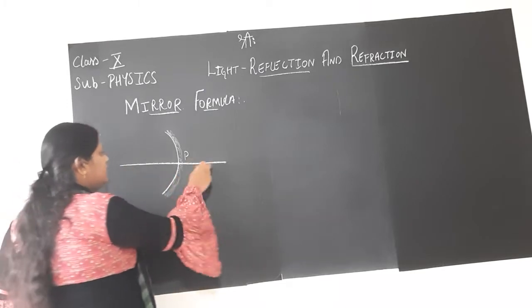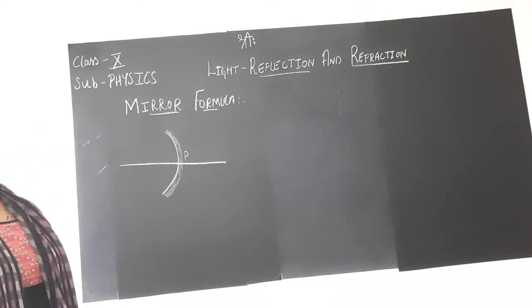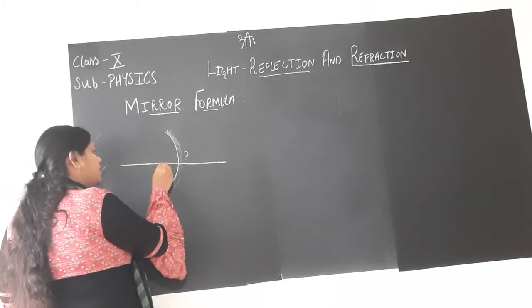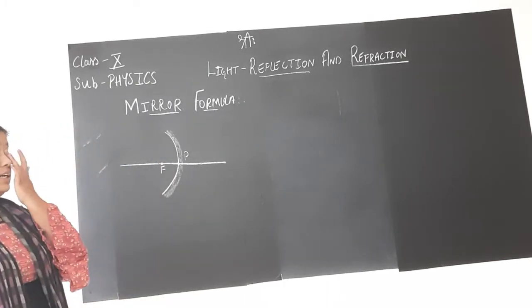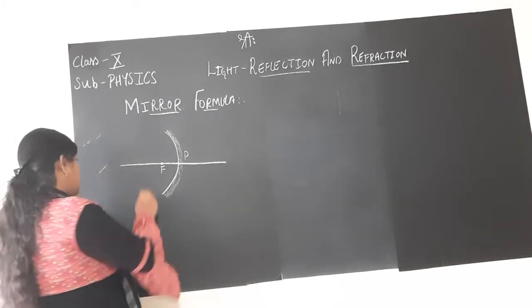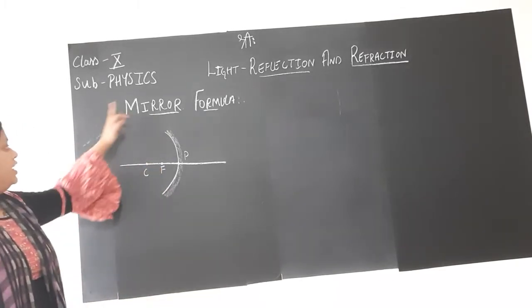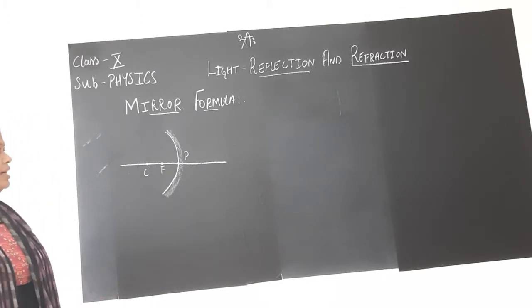The line passing through the pole of the mirror is called the principal axis. Where the reflected rays coincide, that is called the principal focus, represented by capital letter F. The center of the whole sphere is nothing but the center of curvature, represented by C.